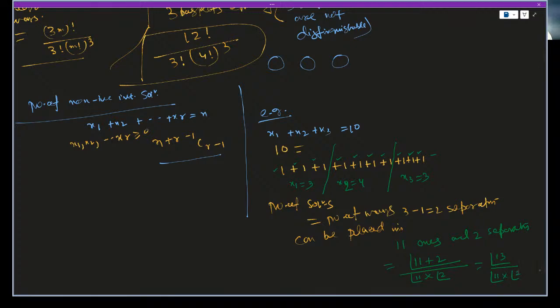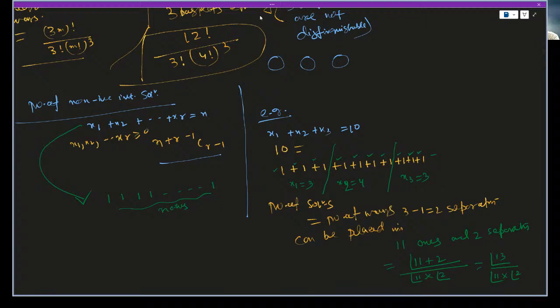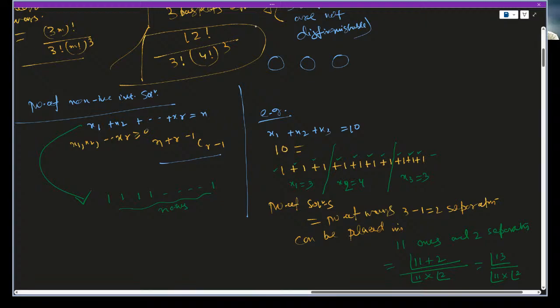Now go back to this equation here. Here how many separators are you going to use? 1, 1, 1 this way, n times, n ones. And how many separators? Separators will be r minus 1 separators.